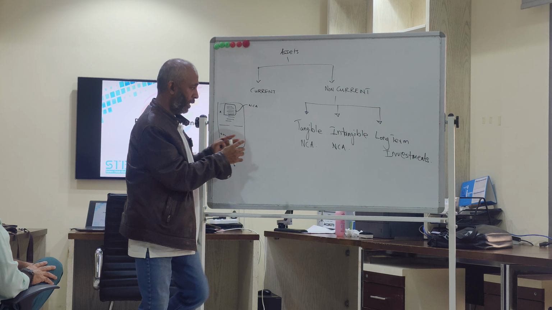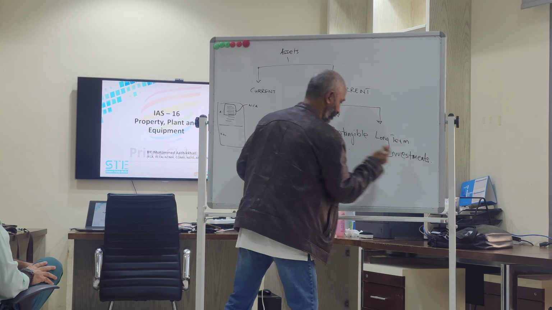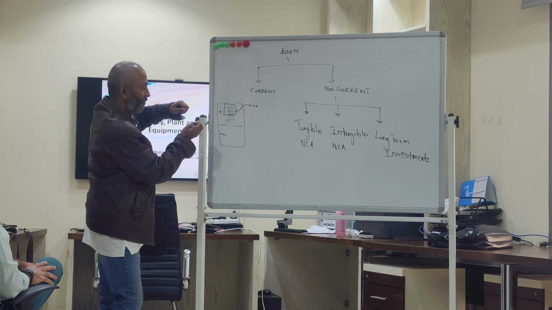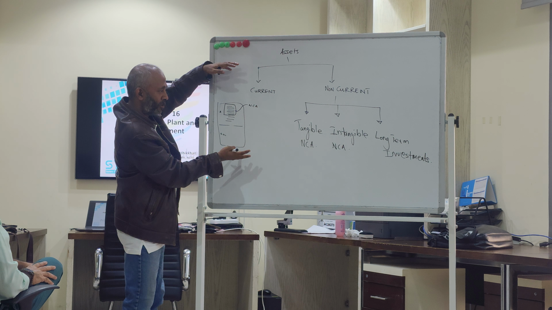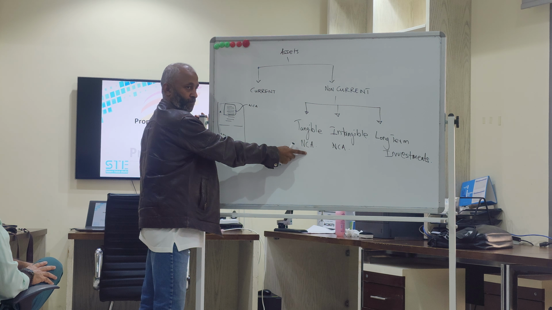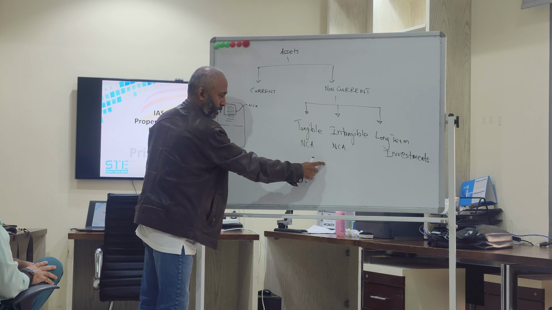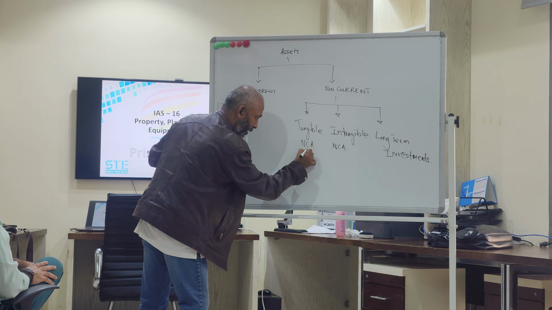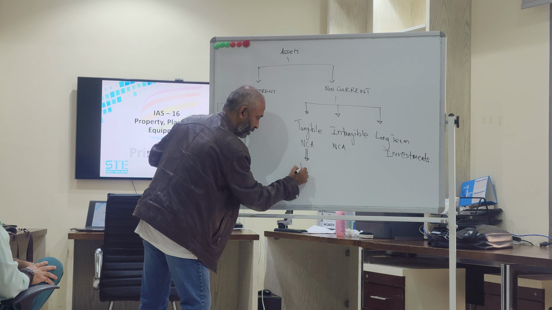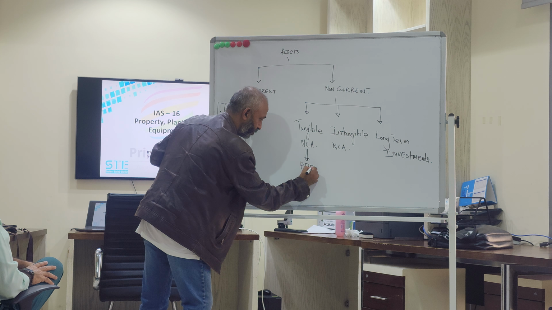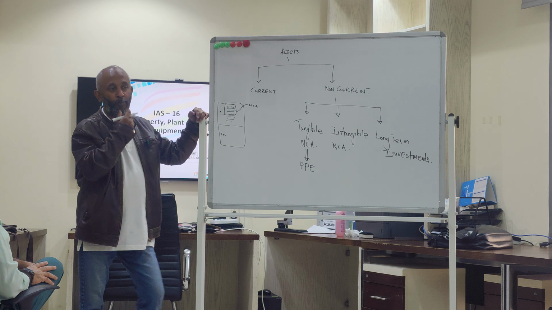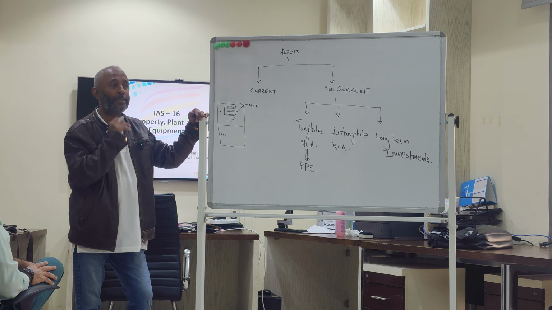That portion only we are talking about here. If I expand this, it will be this. And under tangible non-current asset, our main category is property, plant, and equipment.